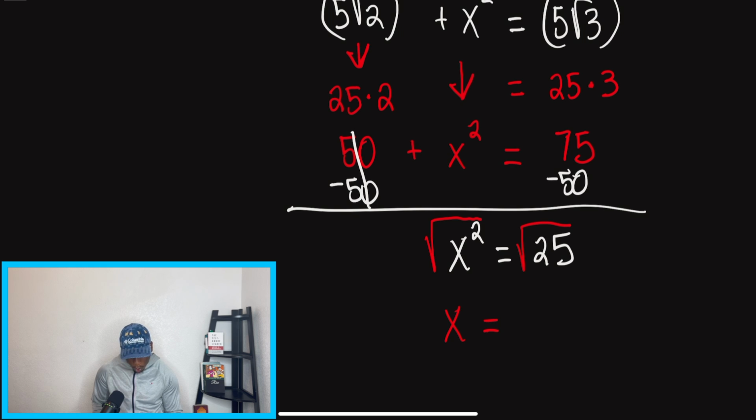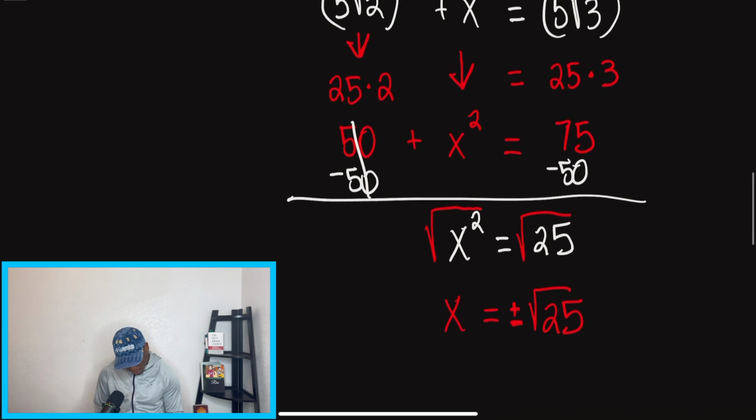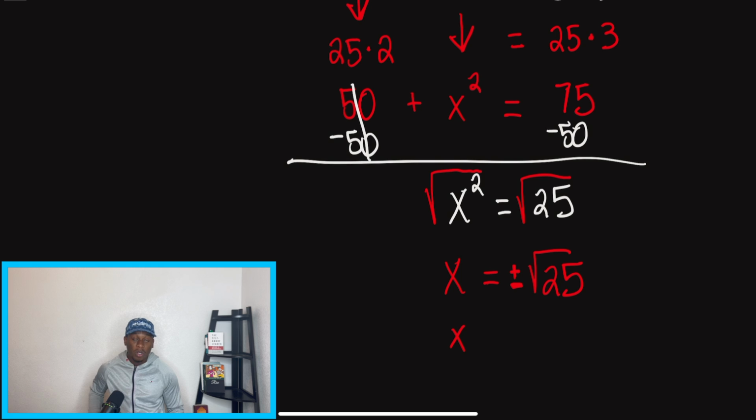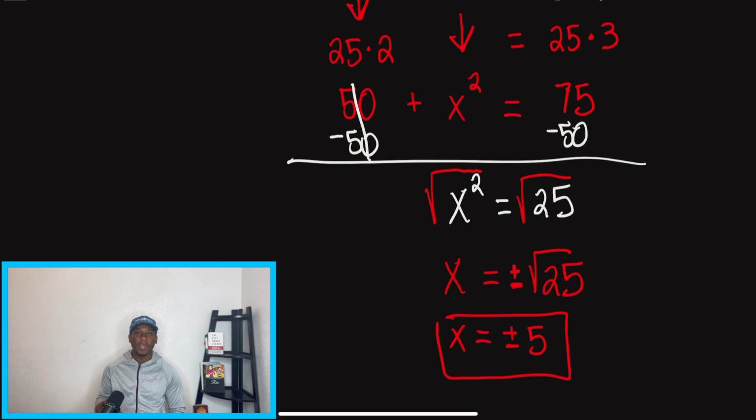Then what we have to remember is that there's going to be 2 answers when we take the square root of 25: positive and negative. So we have plus and minus the square root of 25. Once we break down that square root, our answer could either be x is equal to positive or negative 5, because once we square both of them, they will both give us 25.